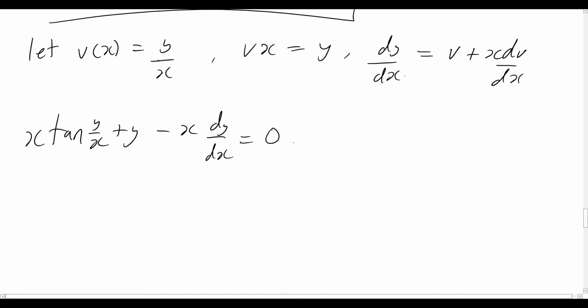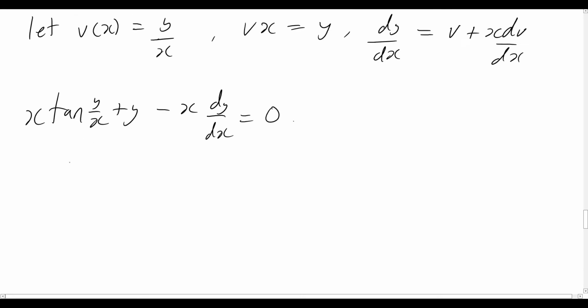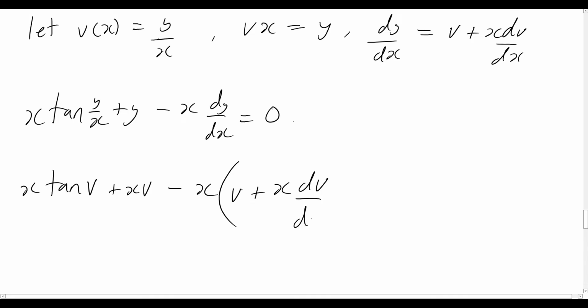And anytime I see dy/dx, I'll put v plus x dv/dx. Now it should read x tan v plus xv minus x times (v plus x dv/dx), and that is still equal to 0.